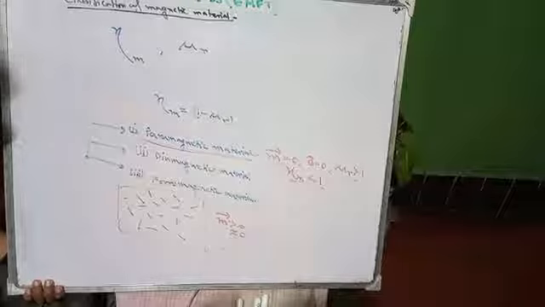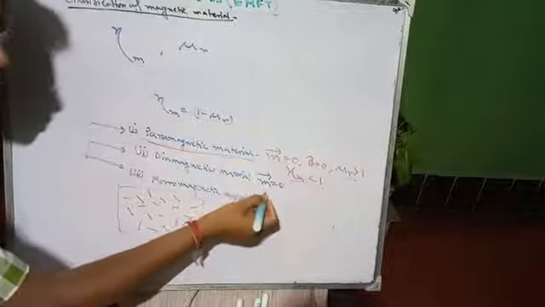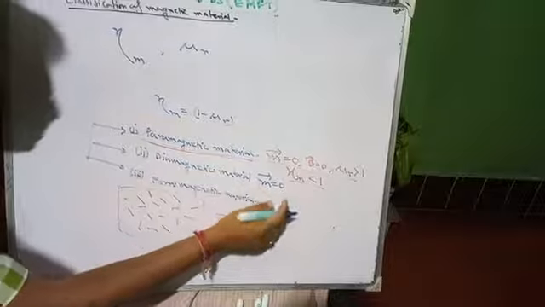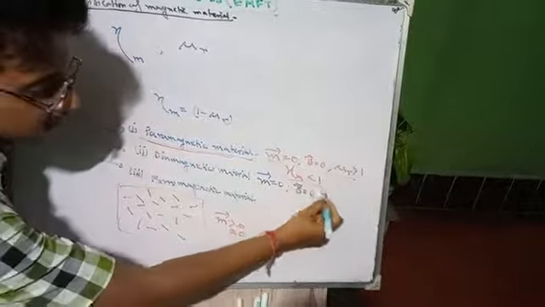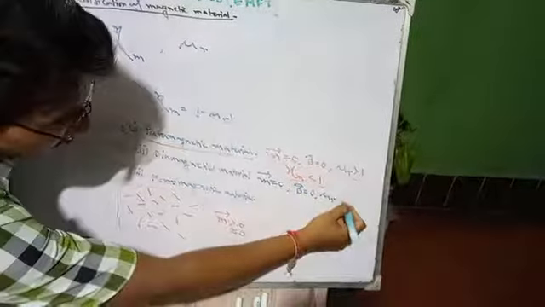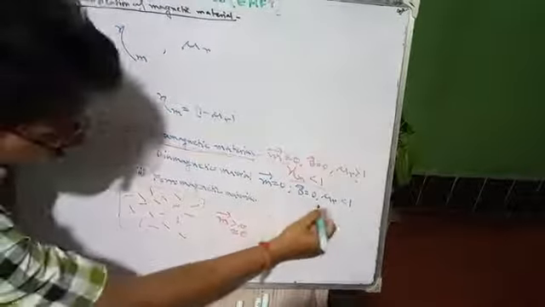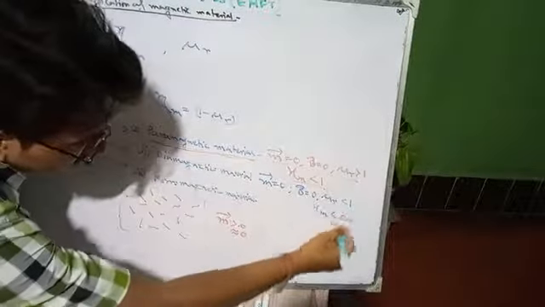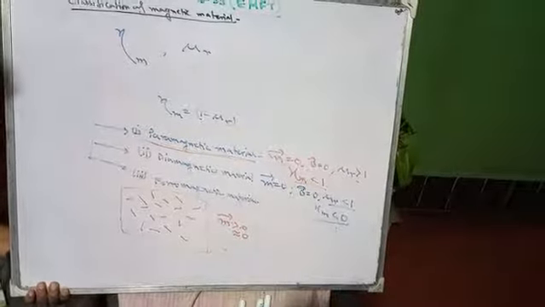That means M is exactly 0, with or without any external magnetic field. That results in B equals 0, and mu r is less than 1. That means psi m is less than 0.